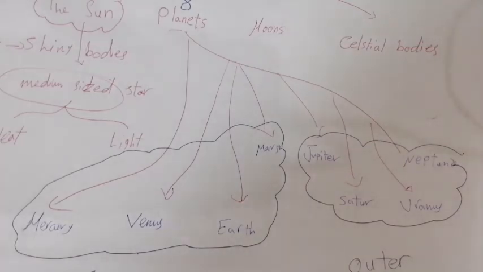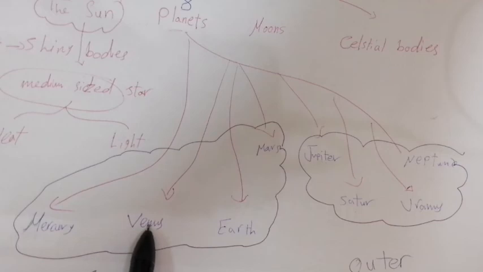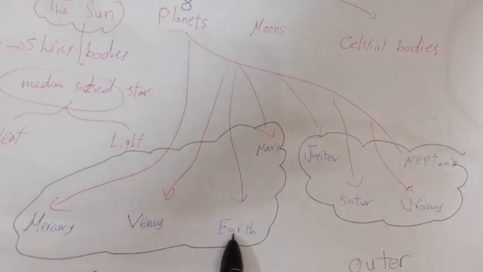Then density and atmosphere, because inner planets, all of them have an atmosphere except Mercury. Outer planets, all of them have an atmosphere. Last one, moons. Inner planets, Mercury and Venus have no moons, while Earth has one moon.